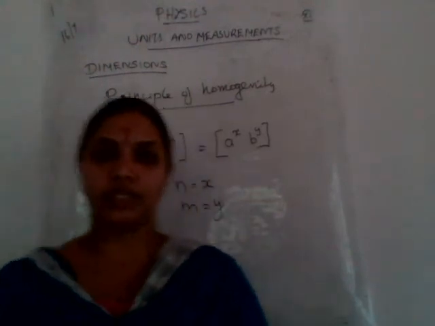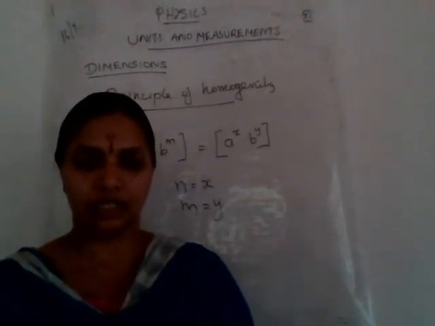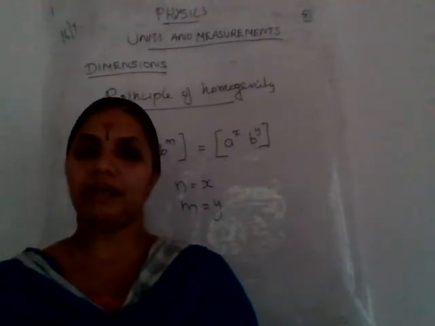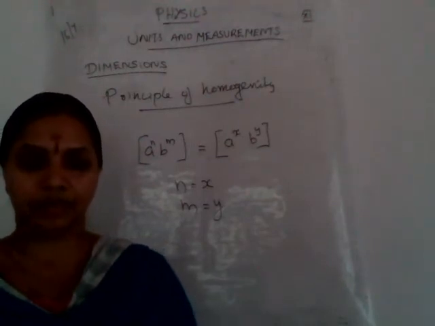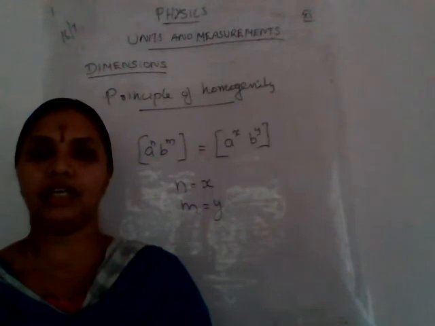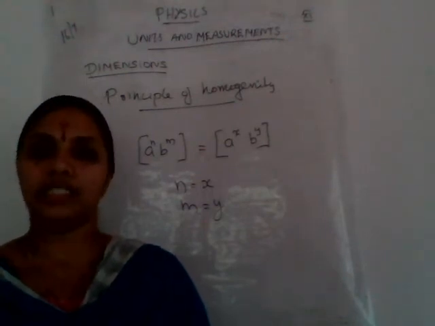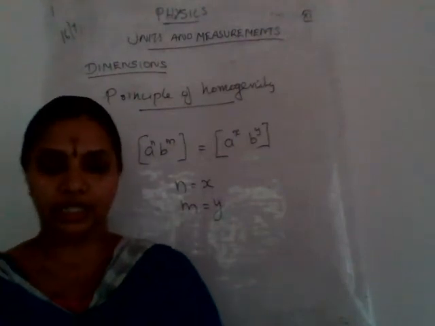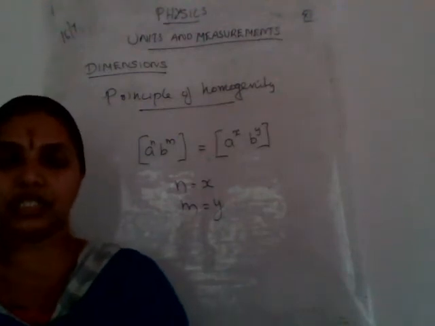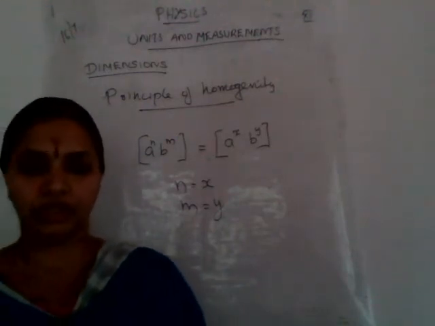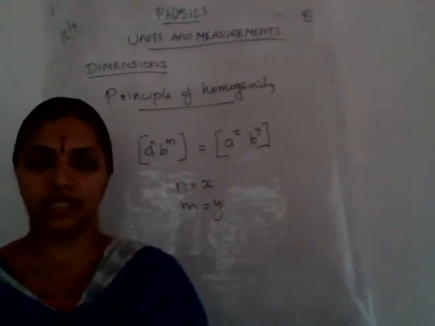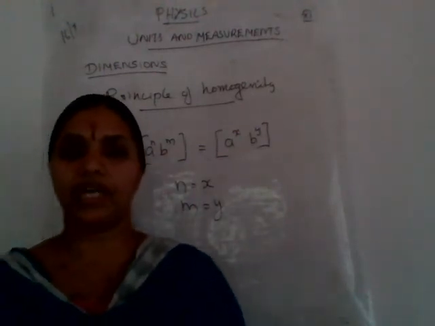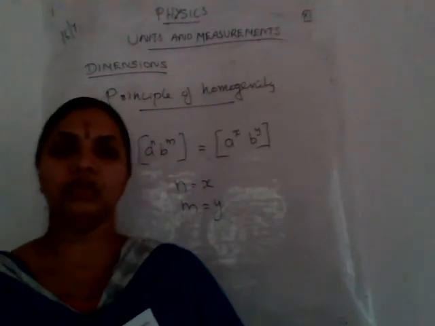According to this, a physical equation will be dimensionally correct if the dimensions of all the terms occurring on both sides of the equation are the same. Okay, so that is the principle of homogeneity.